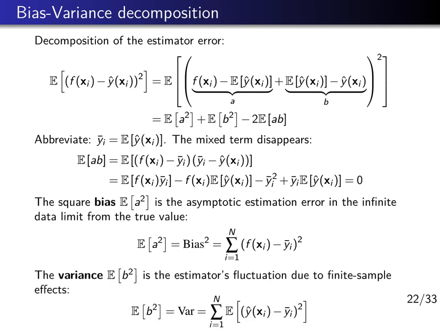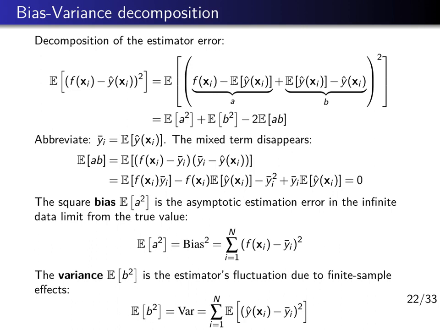The last term, the expectation value of B squared, is the variance term. It measures how strongly the estimator fluctuates on average. And it is the sum of the expectation value of the square differences between the mean estimator prediction, yi bar, and the individual estimator predictions, y hat xi.